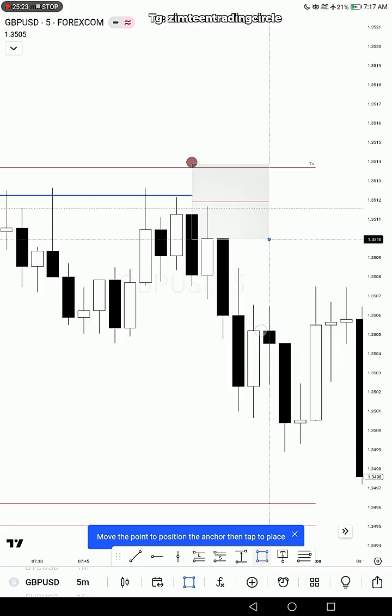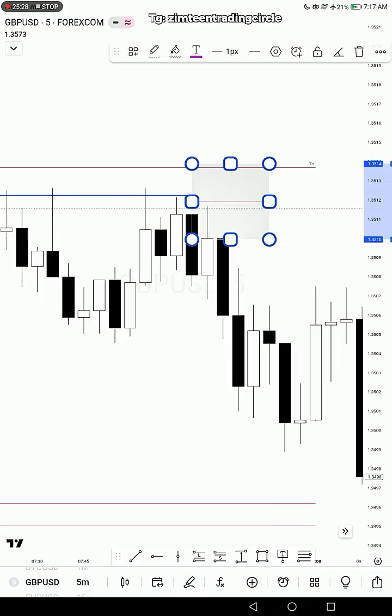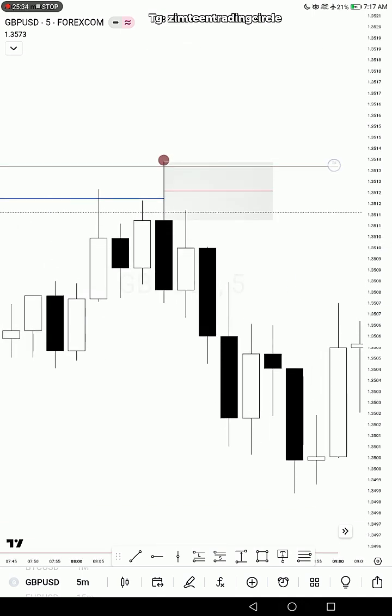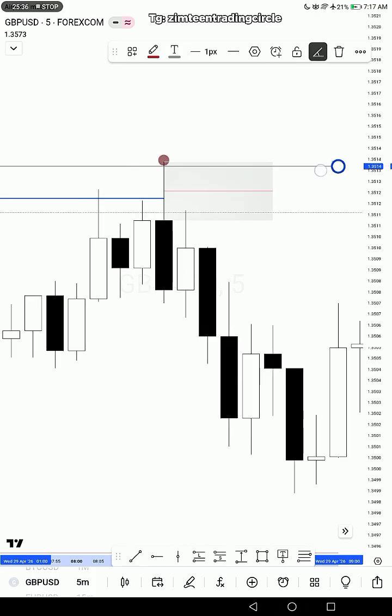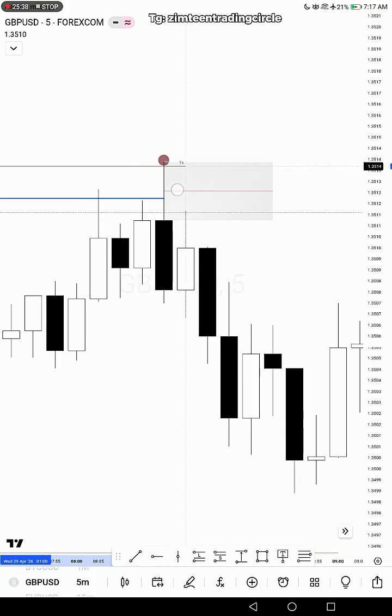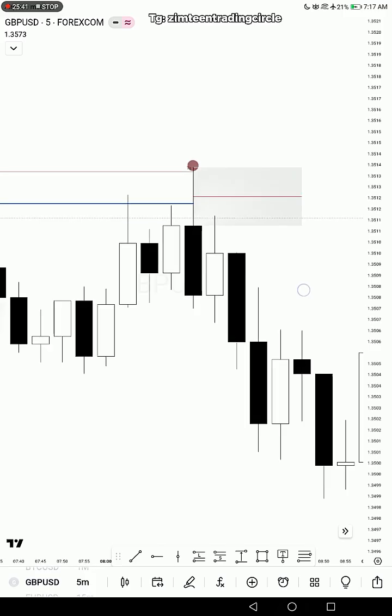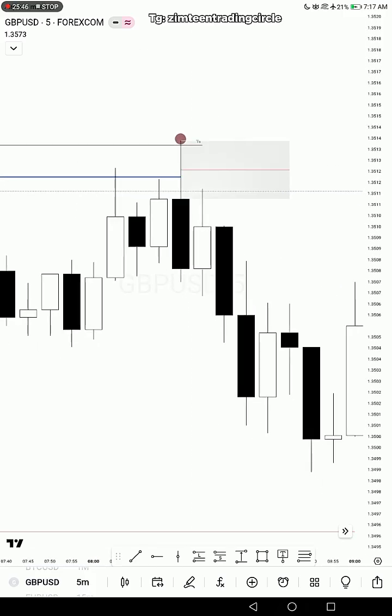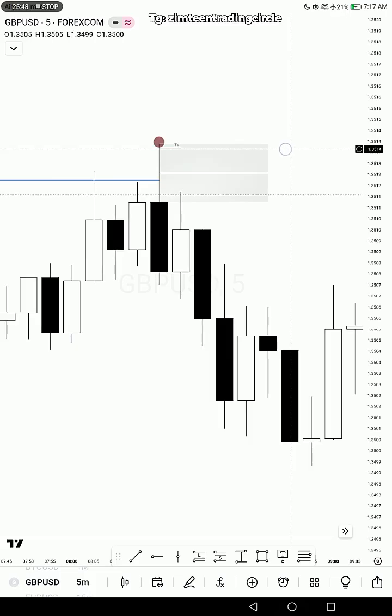The rejection block concept says that the midpoint of the rejection block is very sensitive, but in this case the midpoint wasn't tapped, but everything from the high here to the open is an entry zone. It's just for you to open your eyes and trade carefully.